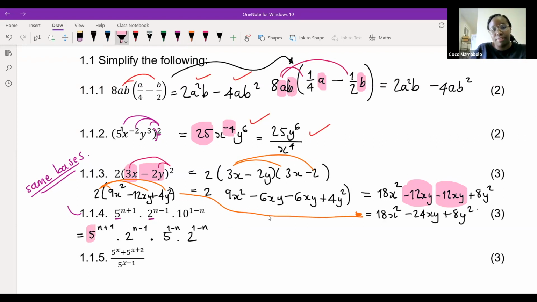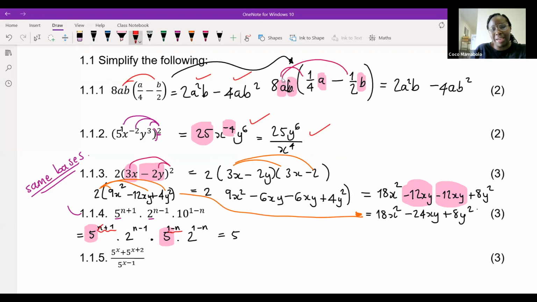So I've got 5 and 5. Guys, when I have like bases being multiplied, I'm going to keep my base and I'm going to add my exponents. So now I've got n plus 1 plus 1 minus n.